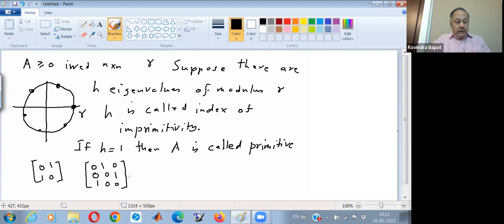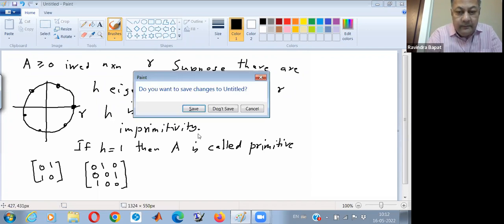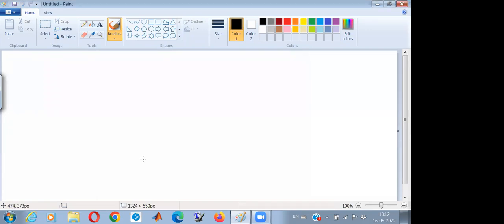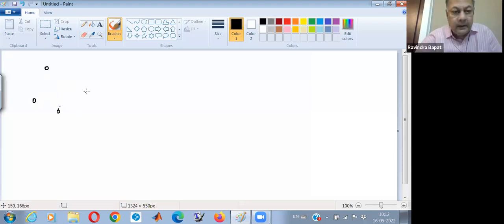So now we enter into the strongly connected graph in a much better, much deeper way. So the circuits. What are circuits? Circuits are also called cycles. So if you have a directed graph like this, there may be some other edges also, but this is a circuit or cycle.